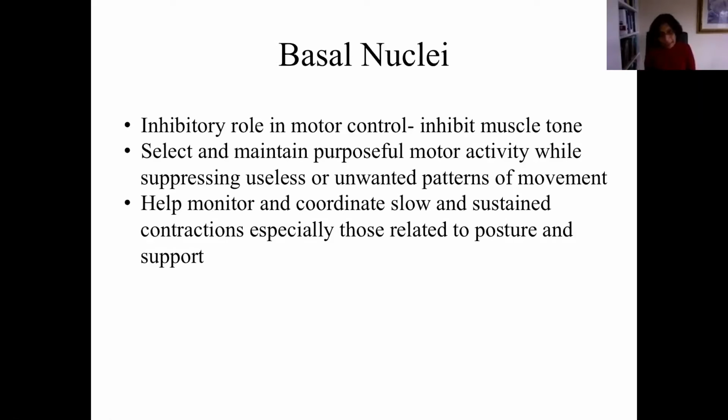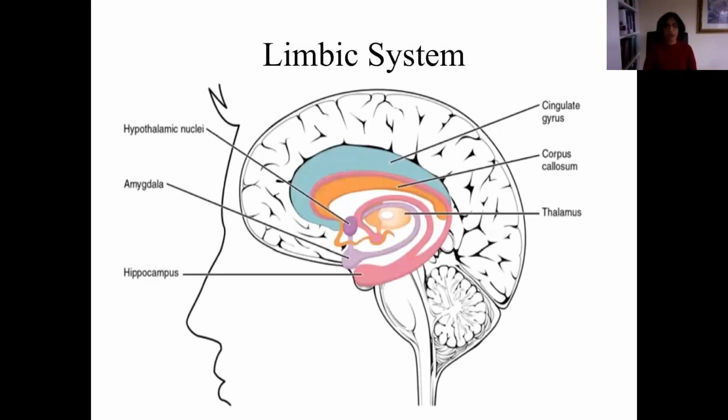You really cannot pinpoint the place where they would be involved. It's more of a global regulation of movement. They help monitor and coordinate slow and sustained contractions, especially those related to posture and support. Okay, so basal nuclei, motor control is how you would connect those two.